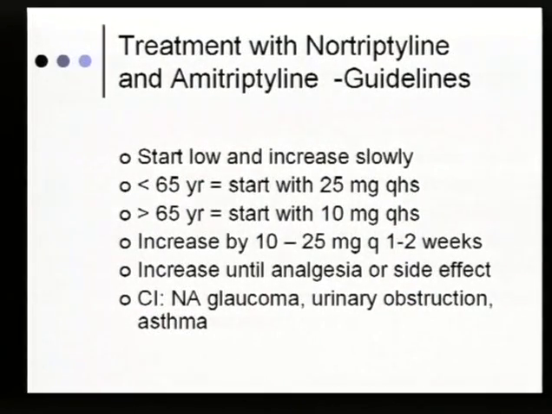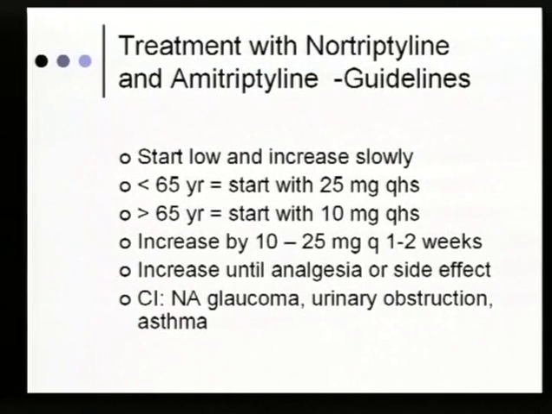Okay, so if we're going to treat with nortriptyline, amitriptyline, the guidelines are to start low and increase slowly. All right, and you have to make accommodations for age. We start if someone's younger than 65, that's just an estimate, maybe start with 25. Also depends on weight and size. Greater than 65, start lower, go up gradually.